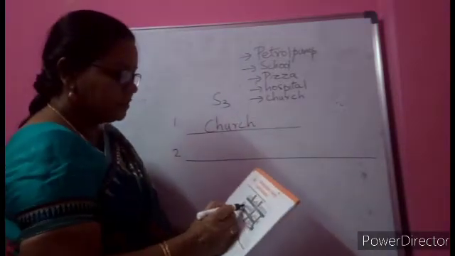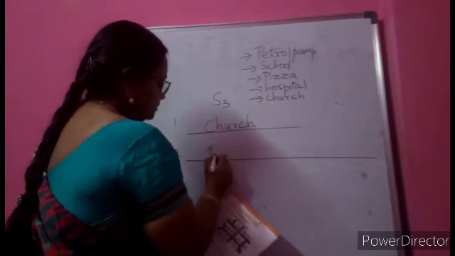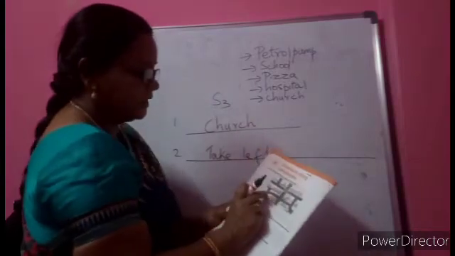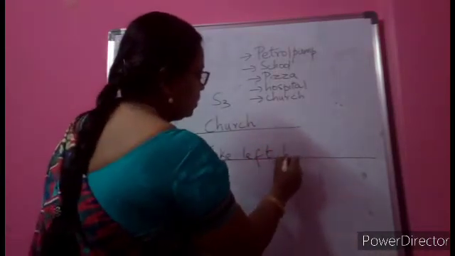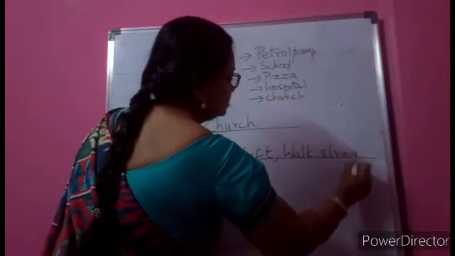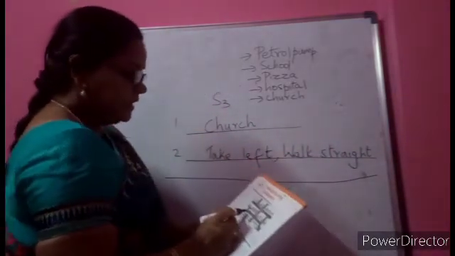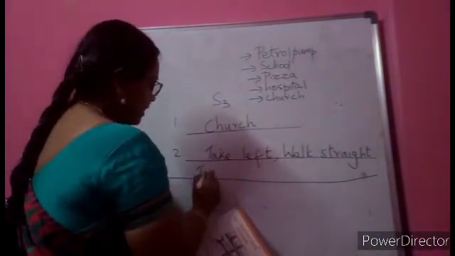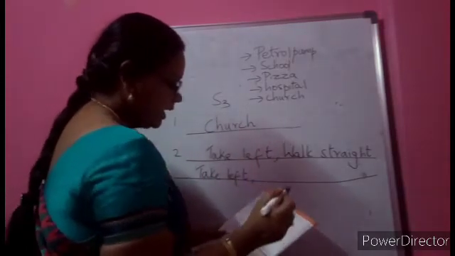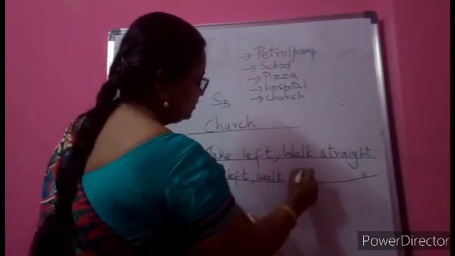So from the hospital, see the hospital, he has to come out and he should take left. First he should take left. No, children, the main road you see. Then walk, take left, walk straight. Yes. Then children, where does he have to go? Then he has to again take left, move ahead, walk straight.